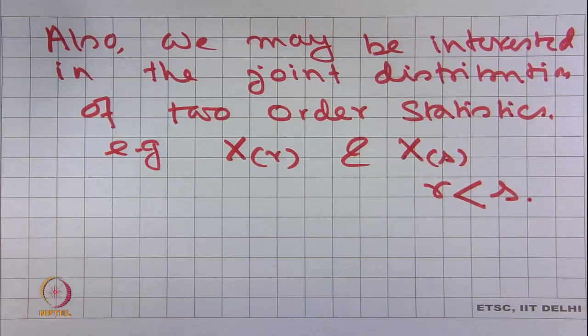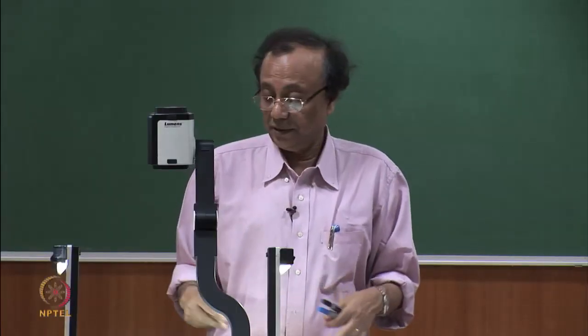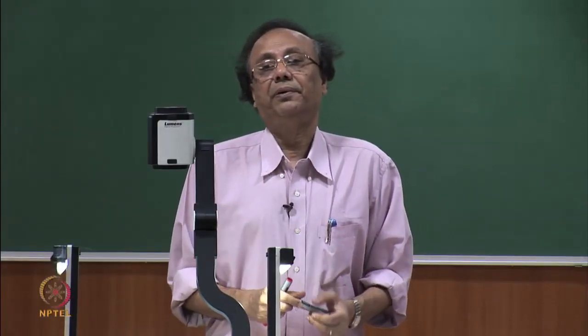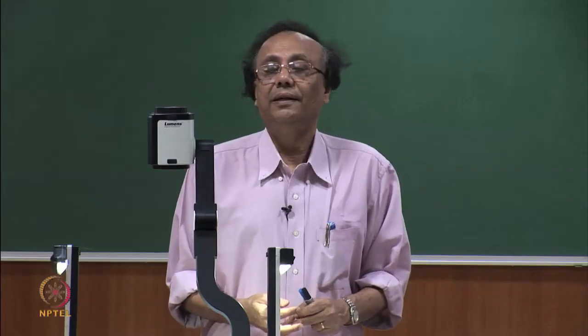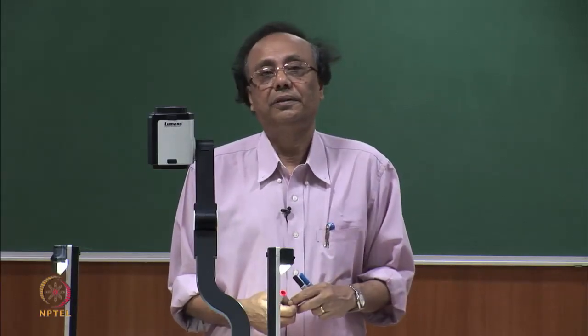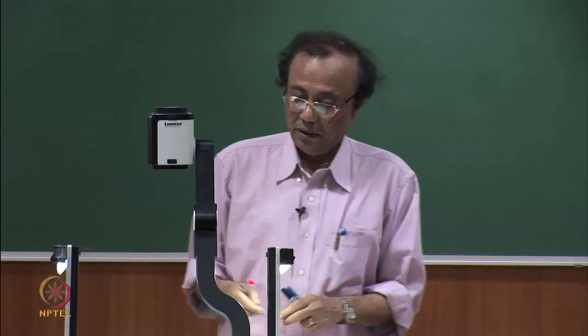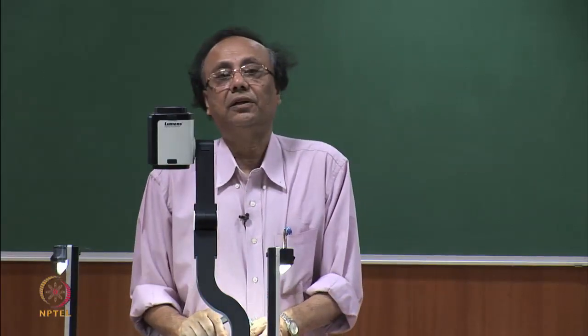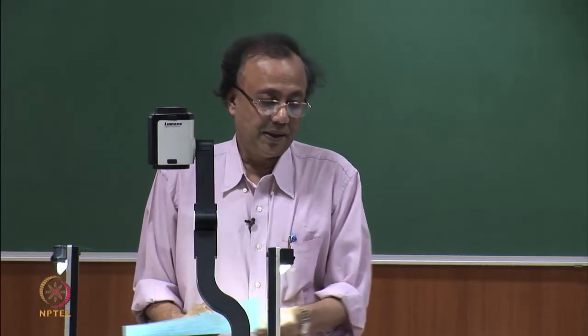Say, for example, how the third order statistic and the eighth order statistic in a sample of size, say, 10 are jointly distributed. We will see the applications of such distributions, but let me first illustrate with some simpler examples.